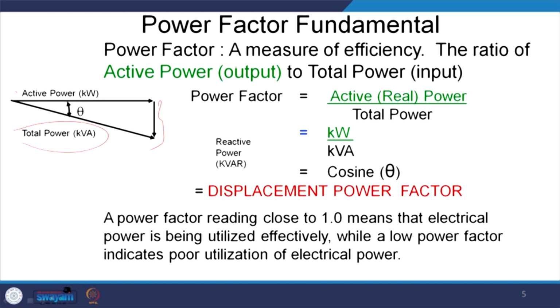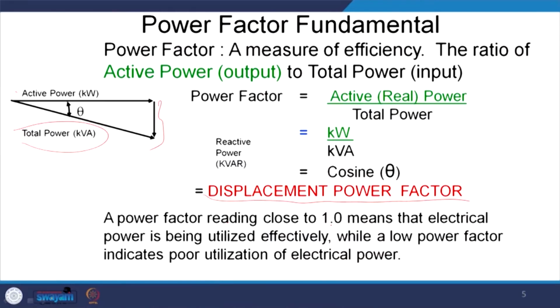So, power factor is a measurement of efficiency. It is the ratio of active power to the total power, ultimately a cosine, and sometimes in the case of power electronics we will see another term, the displacement power factor. A power factor reading close to 1 means the electrical power is being utilized effectively, while a low power factor indicates poor utilization of the electrical power, as most of the power is wasted in the magnetics.